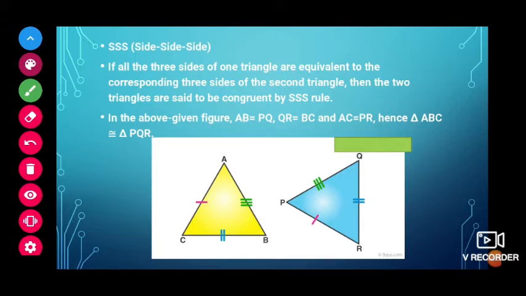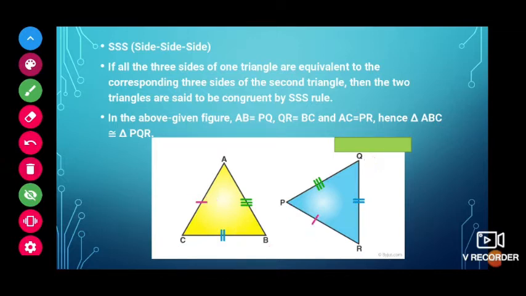First one is SSS, that is side, side, side. If in any two triangles the three corresponding sides are equal, here if we take ABC and PQR, AB is equal to PQ, AC is equal to PR, and CB is equal to QR.